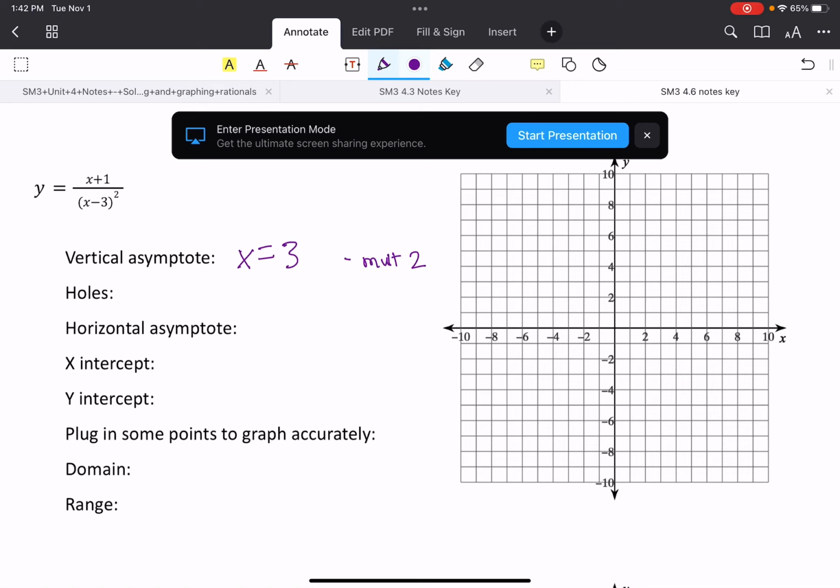It's going to be 3. I'm going to show you what happens with this multiplicity, because of the exponent around those parentheses. There's 2 different x minus 3's.